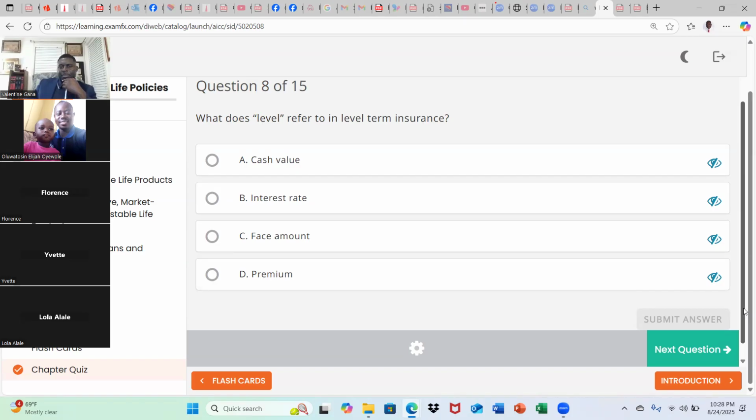Cash value. We kick out cash value, true. Which other answer do we kick out? Interest rate. We kick out interest rate, that's true. So we are left with face amount and premium. I think it's D.